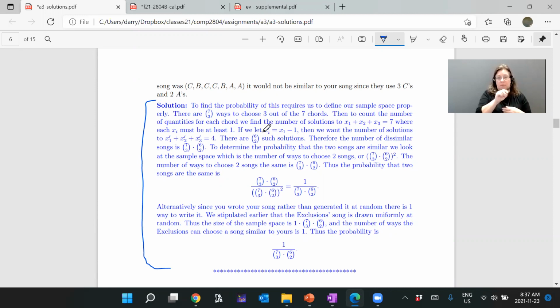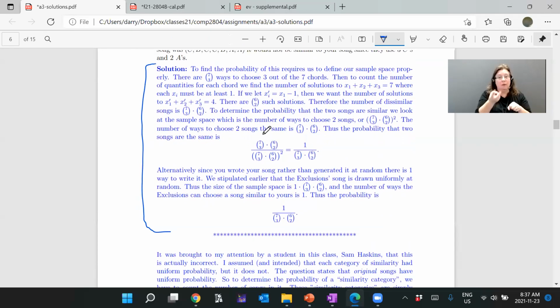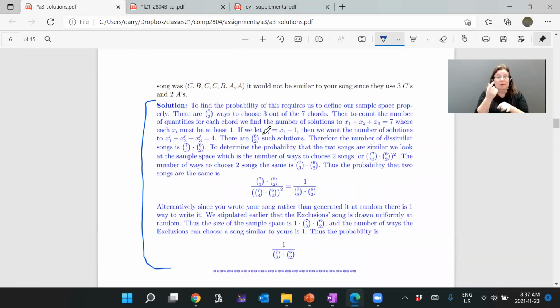However, they're not uniform. Each type of similarity forms a category, and in those categories there's a number of original songs. The number of original songs forms an event, right?